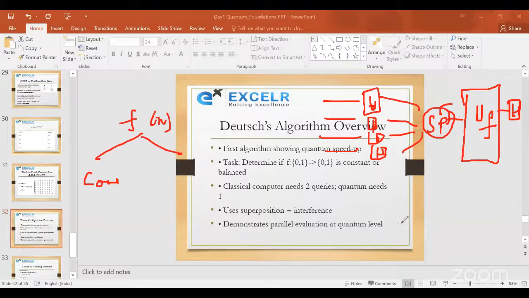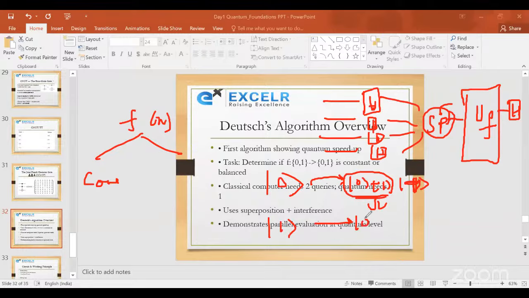This is also the beauty. The Hadamard gate works here in a reversible way. Applying Hadamard on 0 gives the superposition state 0 plus 1 by root 2. This state we call the positive state. Everybody knows this, right? And 1 gives 0 minus 1 by root 2, which is collectively called the negative state.